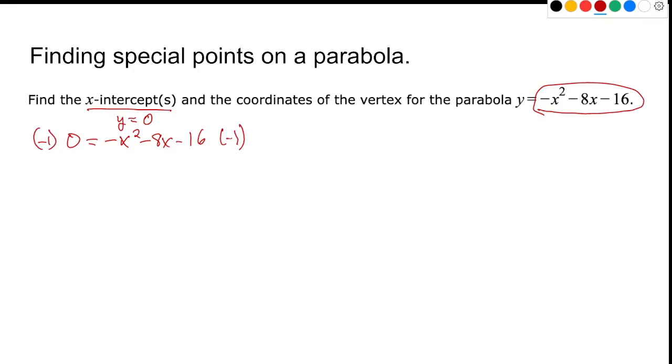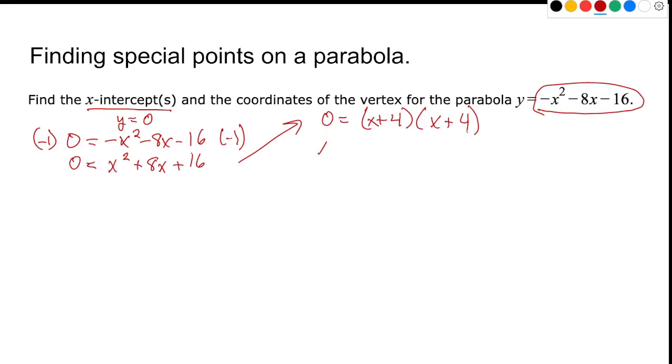If we do that, -1 times 0 is still 0, and we get x squared plus 8x plus 16. This does factor. Let's come up here, because I want to save some room down there. It factors into x plus 4 and x plus 4. 4 times 4 is 16, and 4x plus 4x gives us our 8x. If you FOIL it out, you'll see that that works.